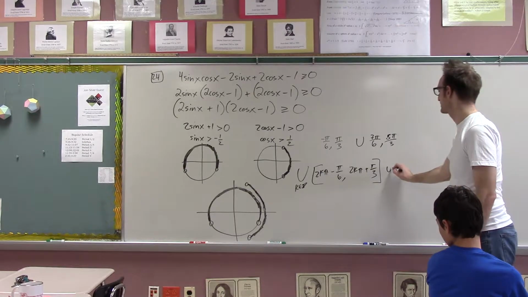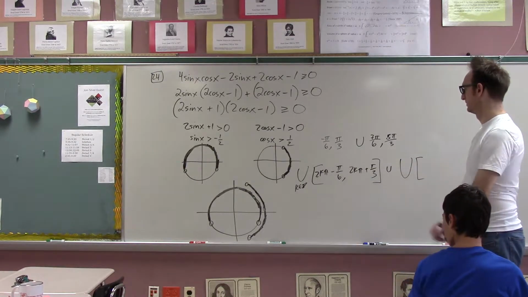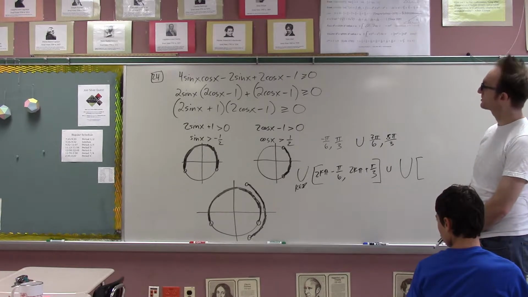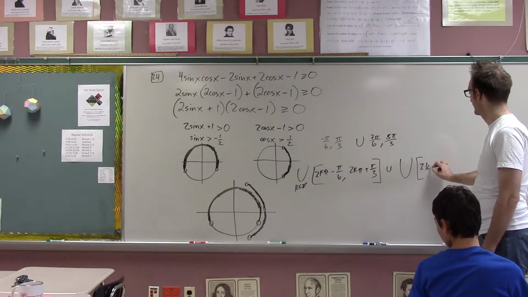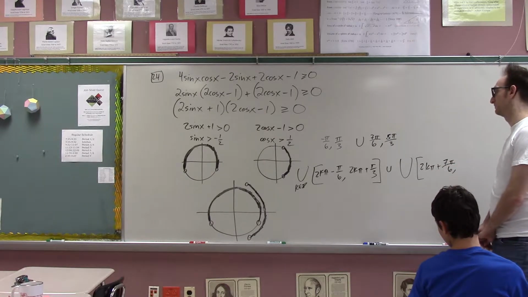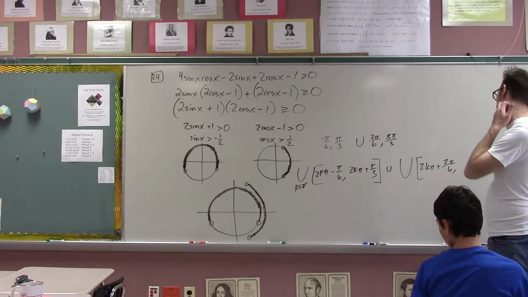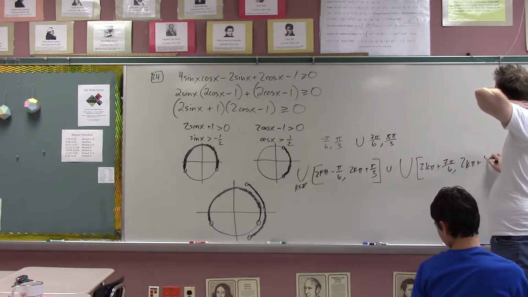And then also everything from 2k pi plus 7 pi over 6 to 2k pi plus 5 pi over 3.